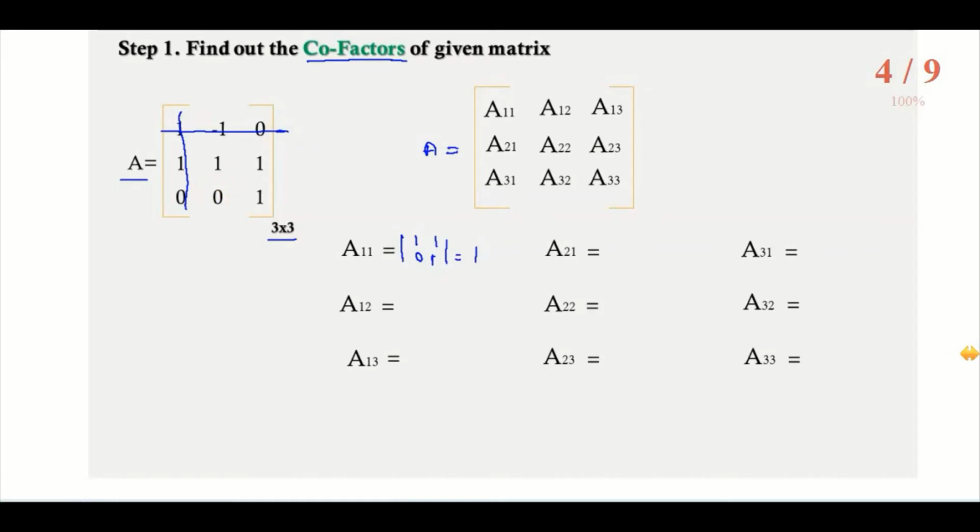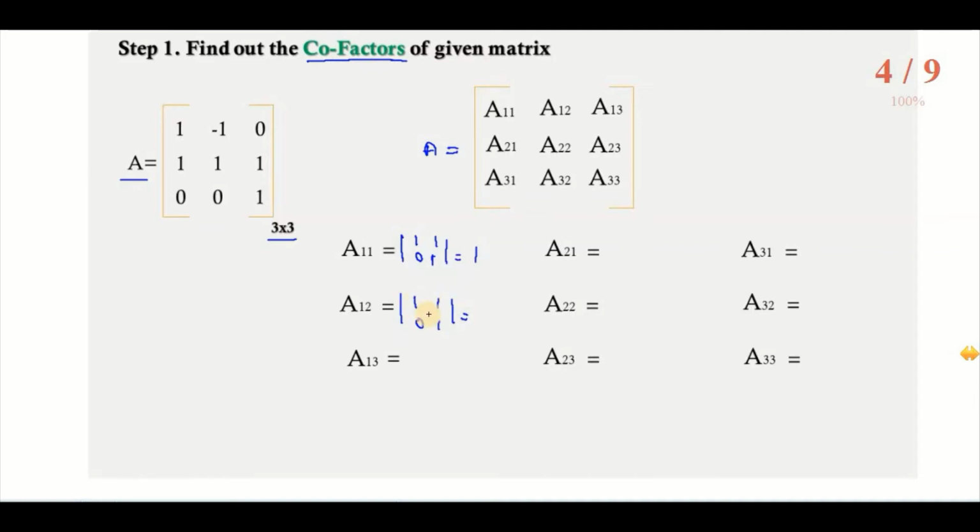How are we finding out A12? I will erase this so you will understand better. A12 means first row, second column. What is remaining? 1 1 0 1.